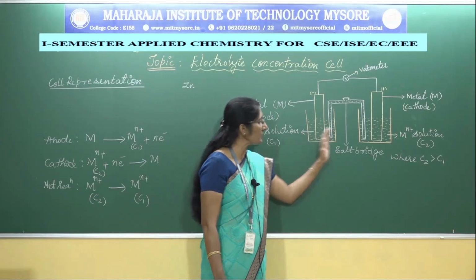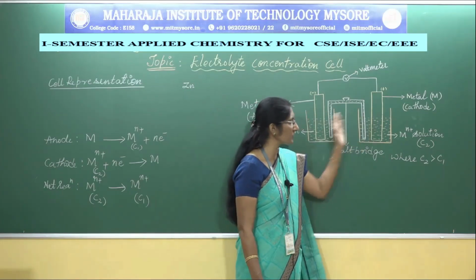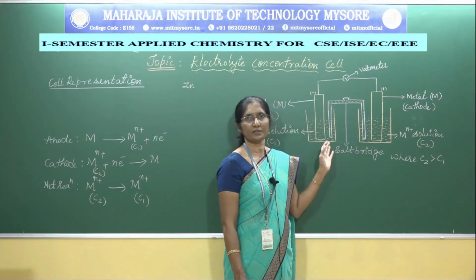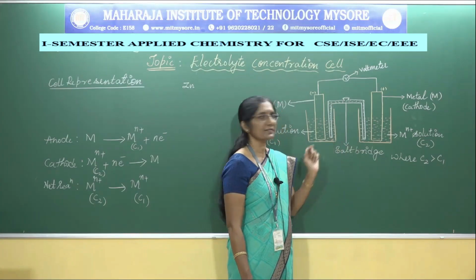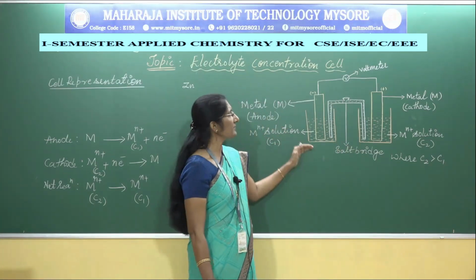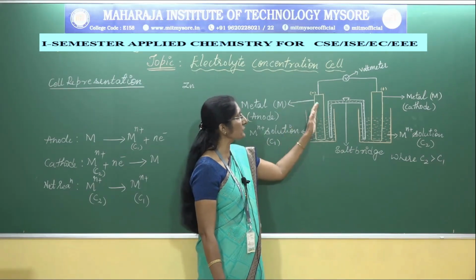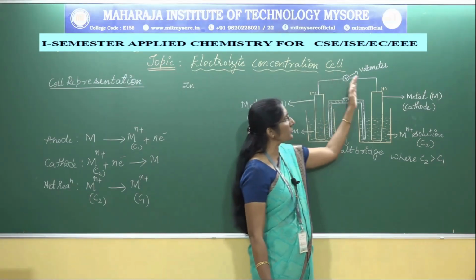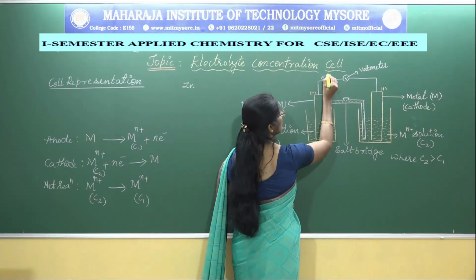In this way, even though in this electrolyte concentration cell both the electrodes and the electrolyte are the same, only the difference in concentration makes the redox reaction happen, thereby there is a flow of electrons from the anode compartment to the cathode compartment through the external circuit.